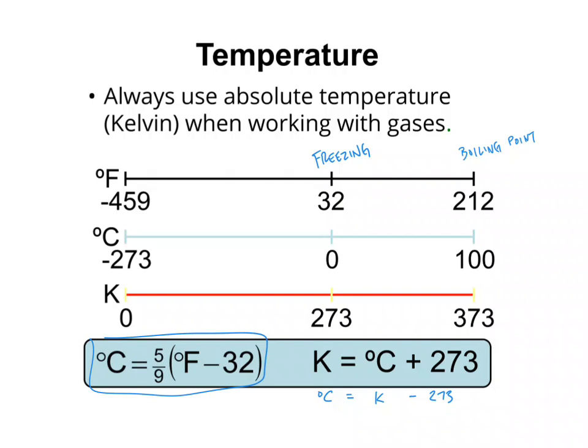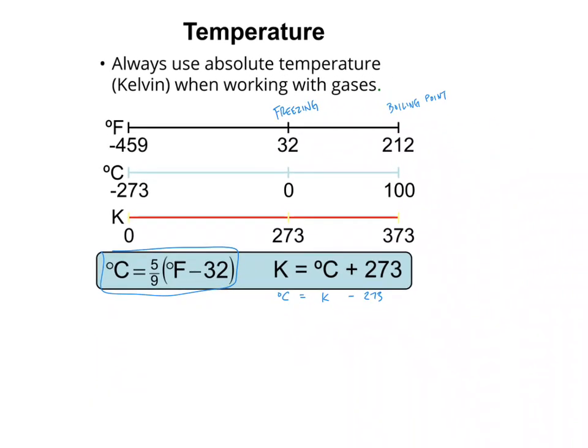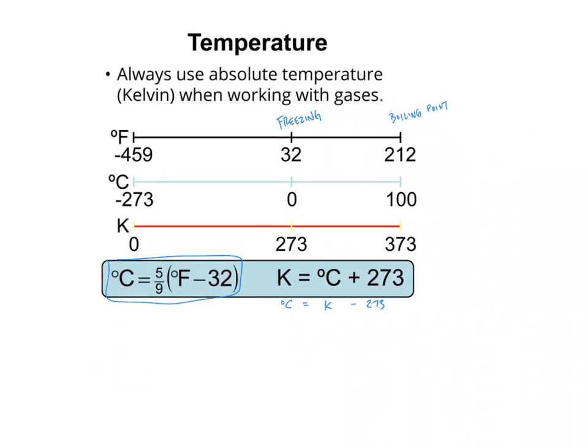So before we move on, I want to do a quick example with you guys. Let me zoom out just a little bit. Okay, so let's say I want to know how many kelvins is 45 degrees Celsius. Well, I'm going to use my conversion here.